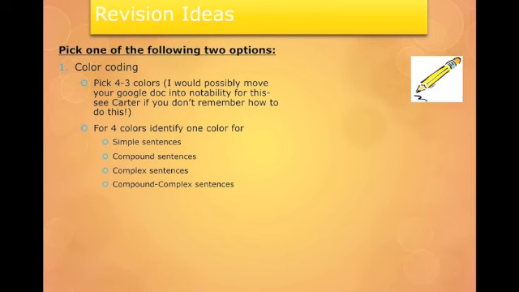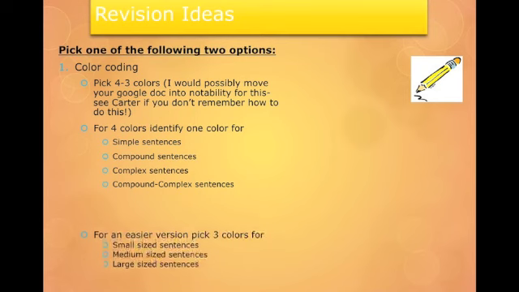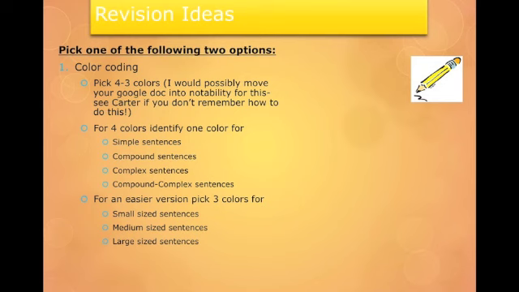But basically, you're going to go sentence by sentence through your document and underline them with the corresponding colors. If that's too difficult and you don't feel comfortable identifying the difference between a compound sentence and a complex sentence, for example, then an easier version might be to pick 3 colors and just identify a color for small-size sentences, medium, and large, and then go through your paper and underline those 3 different types of sentences. Bottom line though, either way, you need to see a confetti of color.